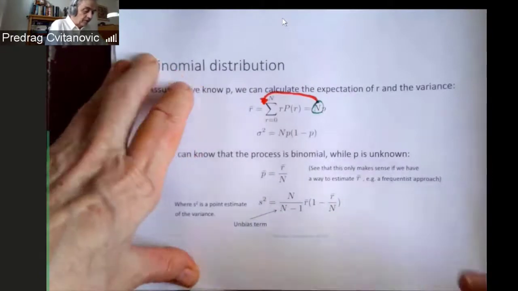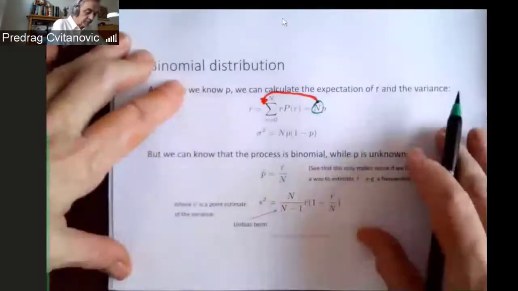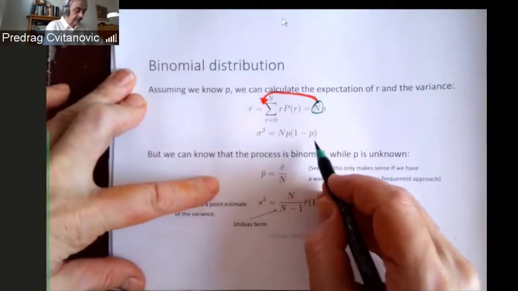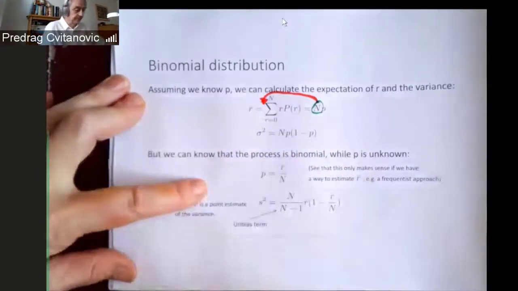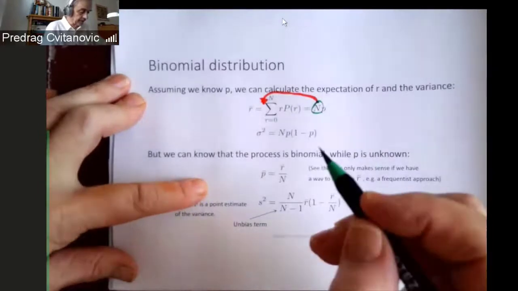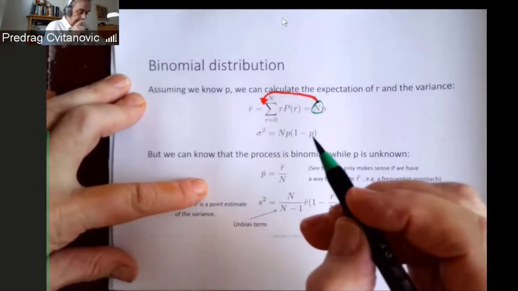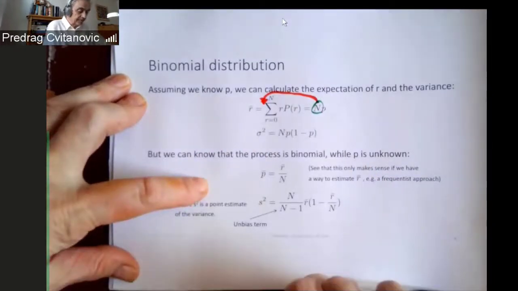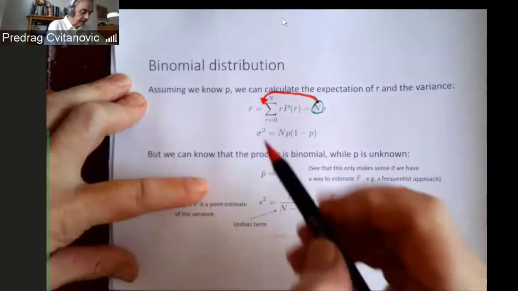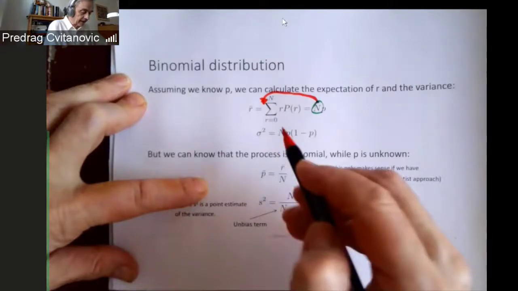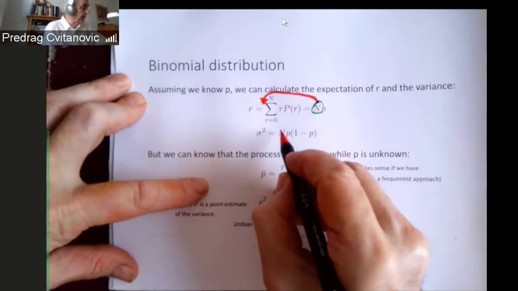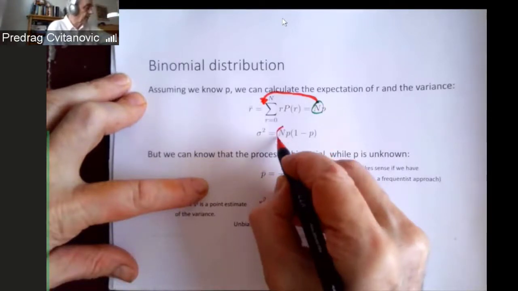We can now use frequentist approach to find the probability of this probability by doing a large set of experiments. And then we can get an experimental estimate of variance, which has to be unbiased. This n minus 1 happens here. And that's how the variance works out for binomial distributions.